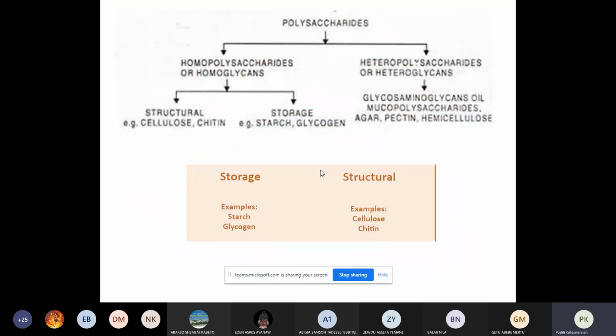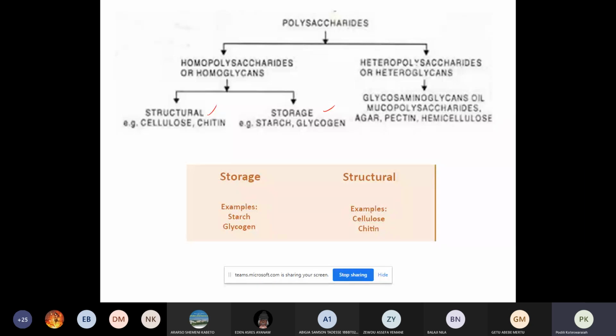Homopolysaccharides mainly have either a structural or a storage function. Whereas the heteropolysaccharides are mainly present in the extracellular component, in the sense they provide extracellular support, for example, peptidoglycan.